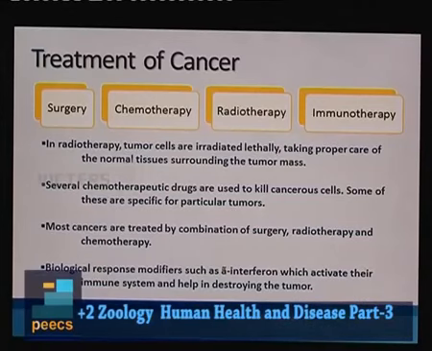Even these cells of hair follicles are also targeted by chemotherapeutic drugs. That is why there is hair loss sometimes in the case of chemotherapy. Most cancers are treated by a combination of surgery, radiotherapy and chemotherapy. And some biological immune modifiers like alpha interferon, which activate the immune system, also help to destroy tumors.